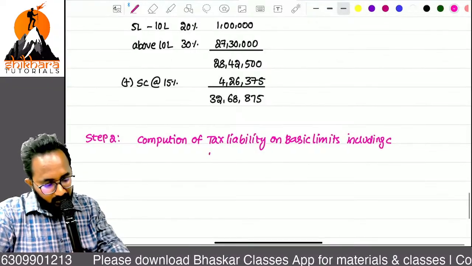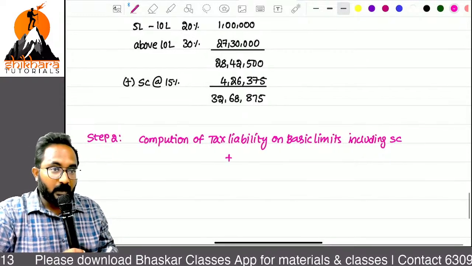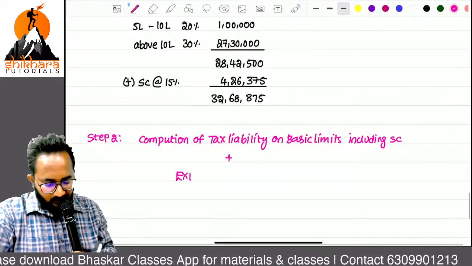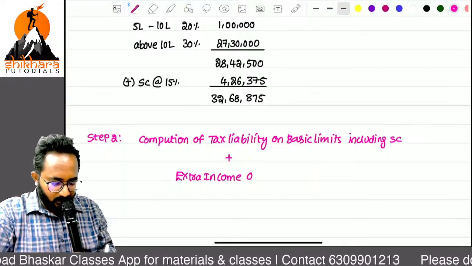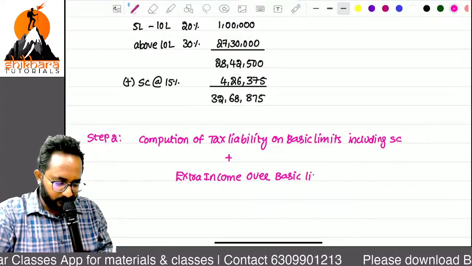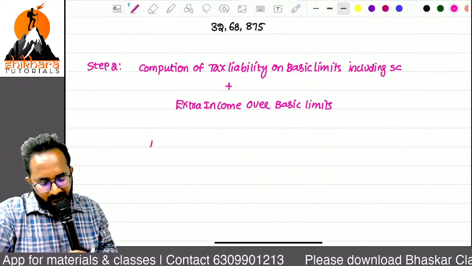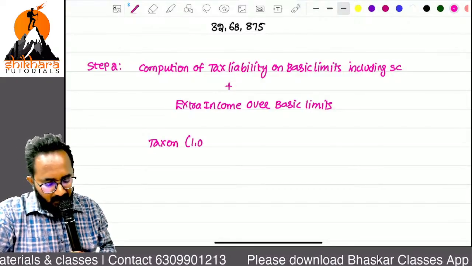And one more thing we have to add: extra income over the basic limit. So tax on 1 crore, only the basic limit.